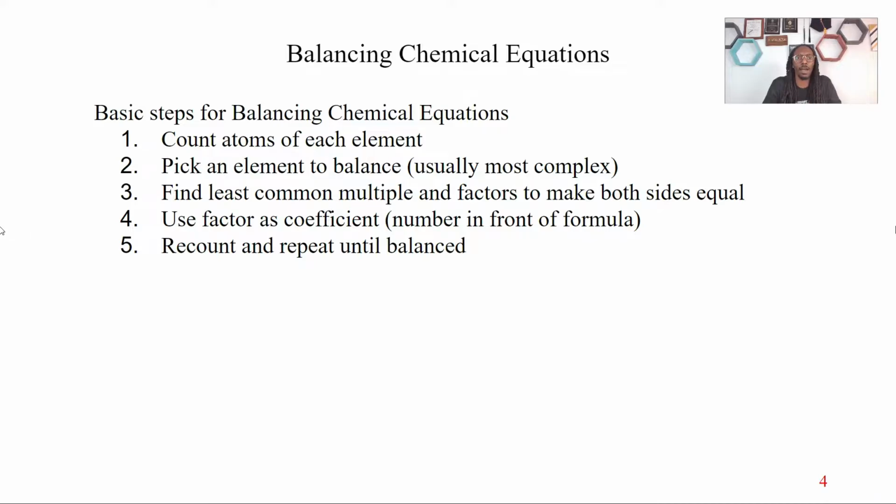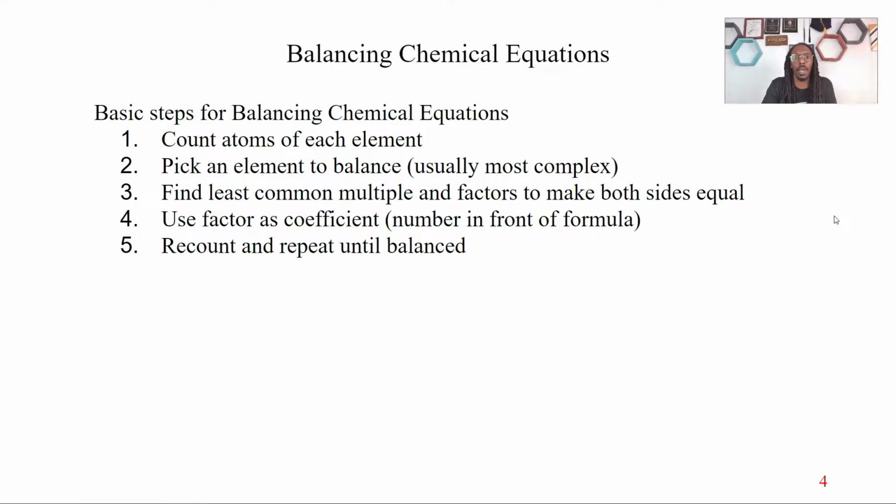Three, you're going to find the least common multiple and factors to make both sides equal. I'll show you this in a bit. Four, you're going to use that factor as a coefficient, which is the number in front of the formula. And then you're going to recount and repeat until everything is balanced.